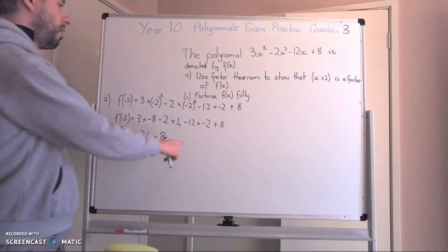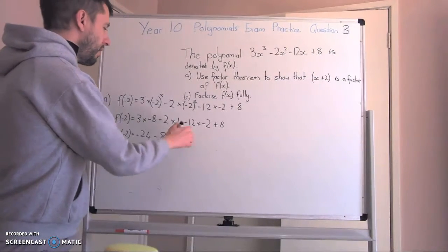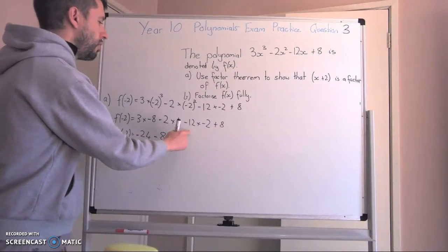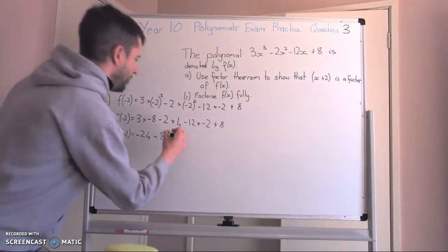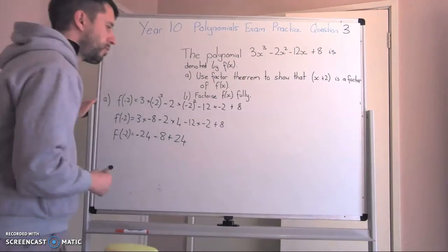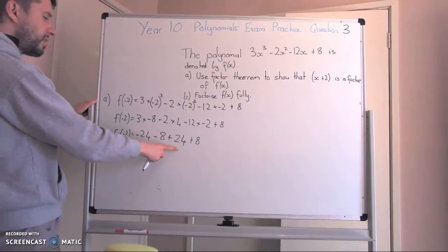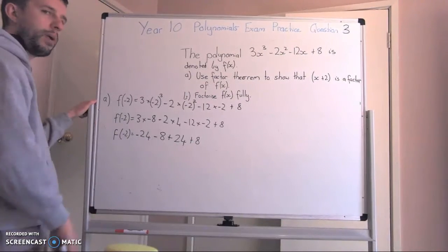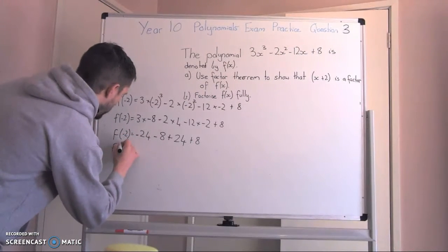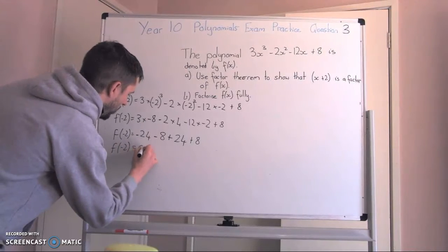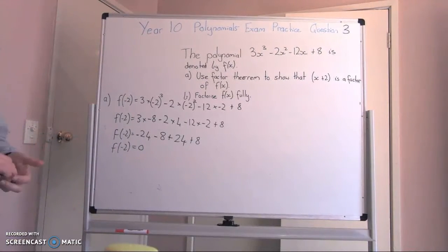Then it goes over here. Negative and negative is a positive. 2 times 12 is 24. So positive 24 and plus 8. Straight away we can see these cancel out and these cancel out, leaving me with 0, which tells me it is a factor.